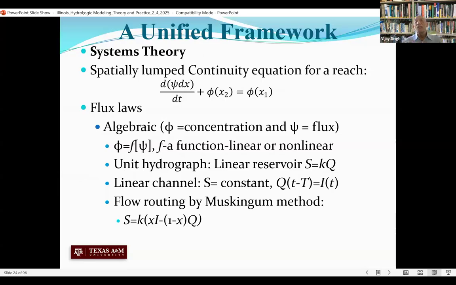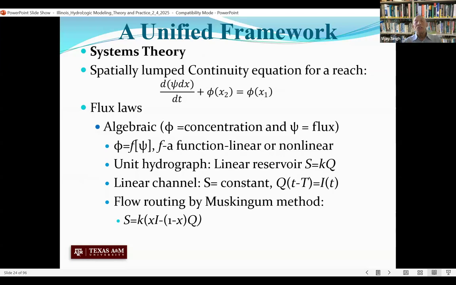In the unit hydrograph, a linear reservoir is described by storage as a direct function of discharge, where the proportionality is represented by K, which is really nothing but the lag time or the average residence time. Linear channel, where the storage essentially is constant. In other words, there is no change in the storage, which means whatever you put in, the same thing comes out at a later time.